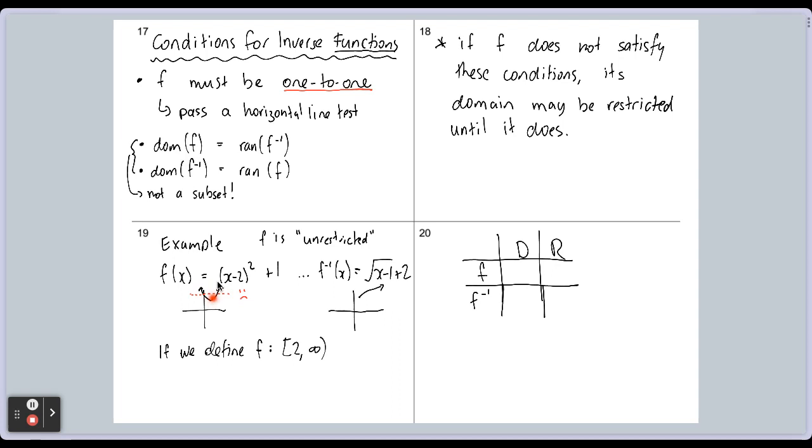It's only either side of the turning point that the graph stops being 1 to 1. From the turning point onwards, it's 1 to 1. So if we define the function as going from and including 2 all the way to infinity, that means its range is going from 1, the other turning point coordinate, to infinity.